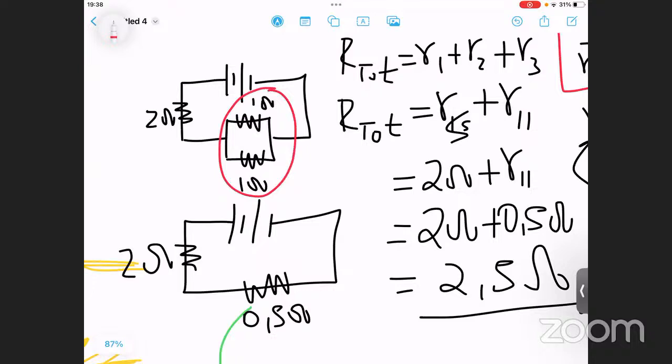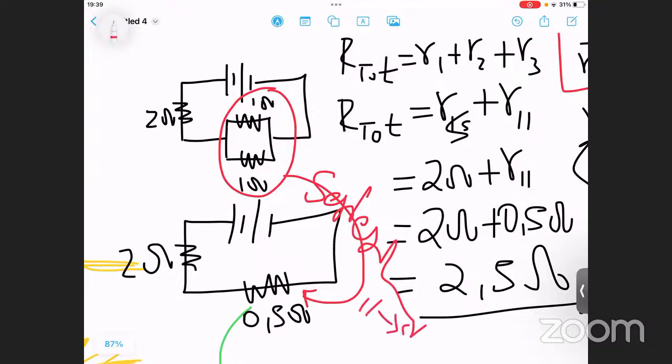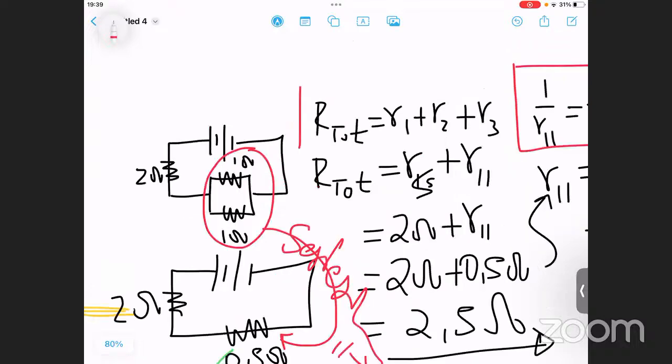That is why I used to say it helps to serialize the connection from parallel to series, so that we can take that value and substitute it into this formula. So if you had another resistor there, you were going to have 2 plus the one for parallel plus that other one.